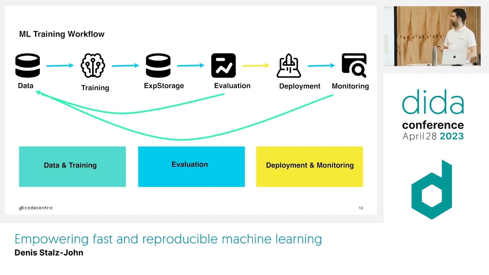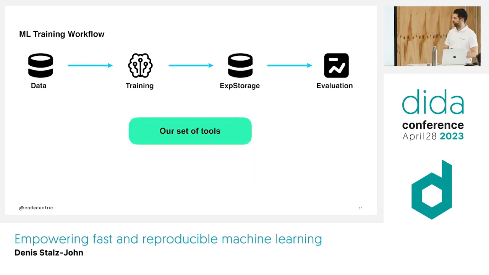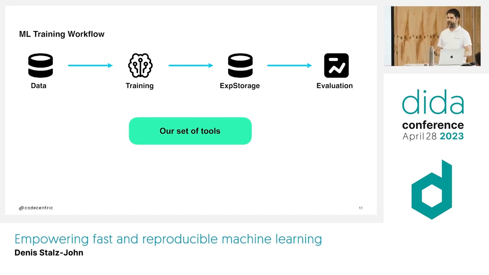So you have two points where you can get information, one from the monitoring and one from the evaluation, which leads us back to the cycle. And this is how you can continuously improve the model. Today I will focus on the first part, and how our set of tools incorporate the capability of reproducibility, and also that you can really focus on fast experimentation.